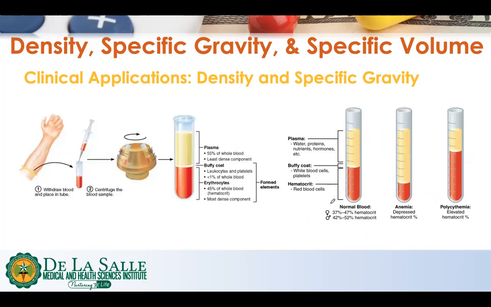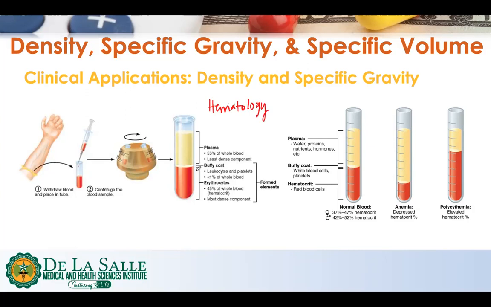How important are density and specific gravity in their clinical applications? So aside from those that are written in your learning module, we can also say that density and specific gravity are important in hematology, or the study of the blood.